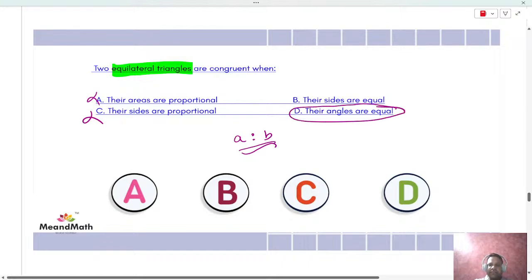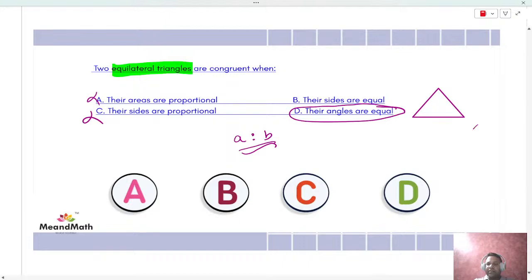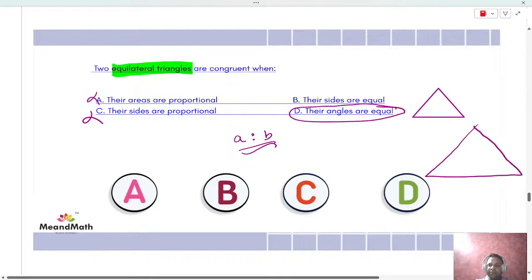Angles are equal. If all angles are equal, then it is not compulsory that both triangles are congruent. Because if it is an equilateral triangle, then definitely 60 degree, 60 degree, 60 degree, all three angles. In the second triangle also, angles are 60 degree, 60 degree, 60 degree. But side is 3 centimeter, 3 centimeter, 3 centimeter. In the second triangle, side is 5 centimeter, 5 centimeter, 5 centimeter. Both triangles are not congruent.